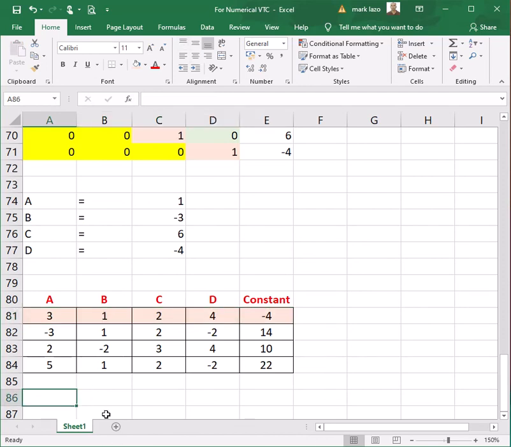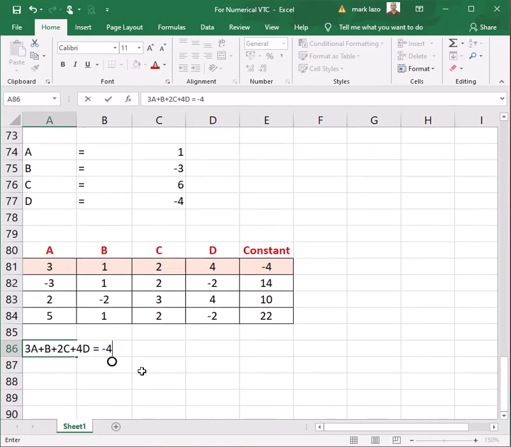So that will be 3a plus b plus 2c plus 4d is equal to -4.